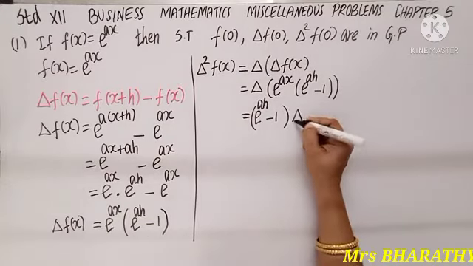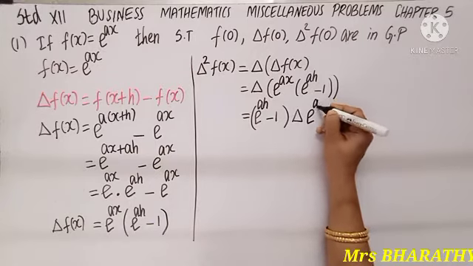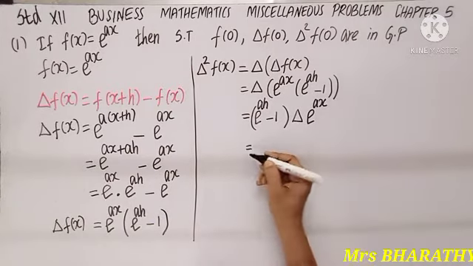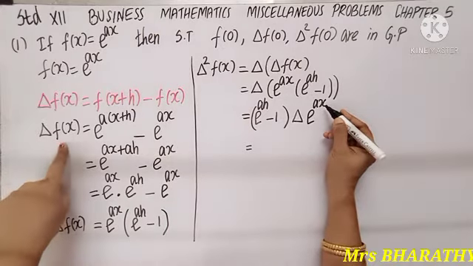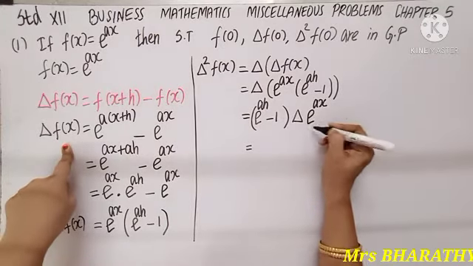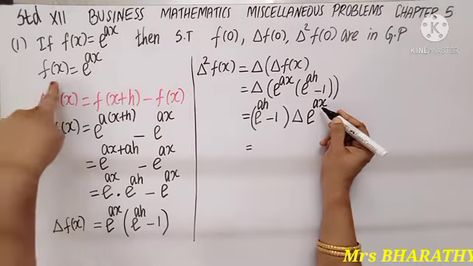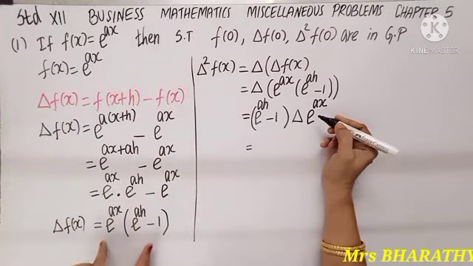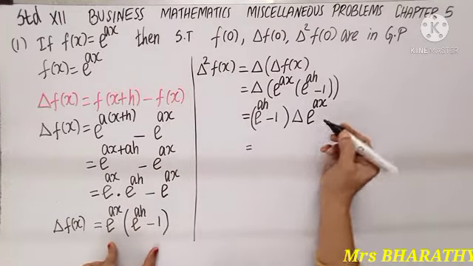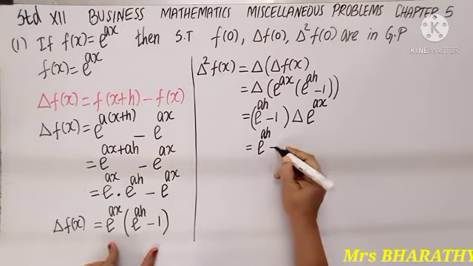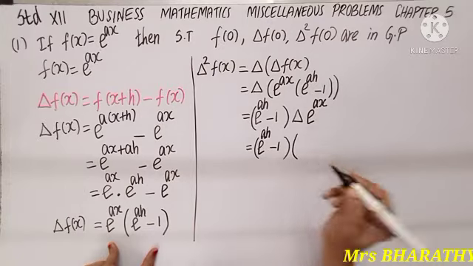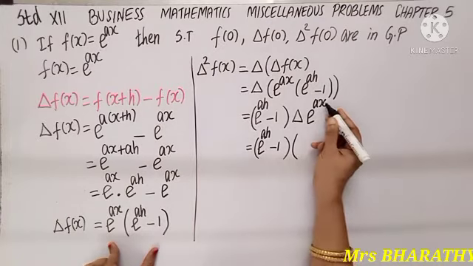I need to put del of e power ax. Now, what is del of e power ax? That is what we have done here, because e power ax is nothing but f of x. So, this answer I can just copy here. E power ah minus 1 into del of e power ax.